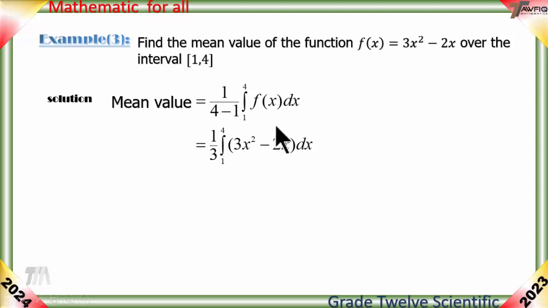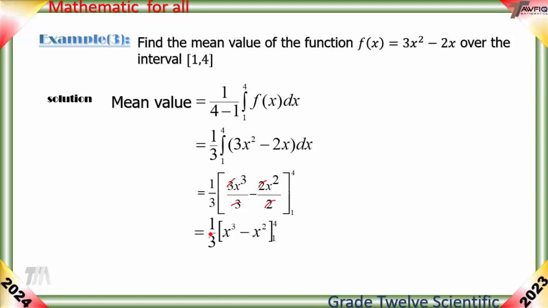In place of f of x, we substitute 3x squared minus 2x, and after that take the integration. 1 over 3, 3x cubed over 3 minus 2x squared over 2. Now, cancelling 3 with 3 and 2 with 2, it remains 1 over 3 times x cubed minus x squared from 1 to 4.